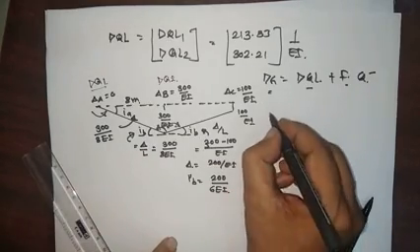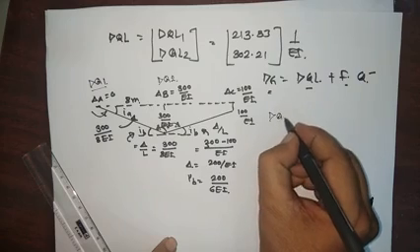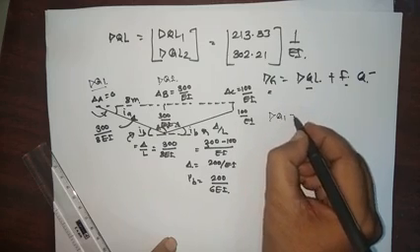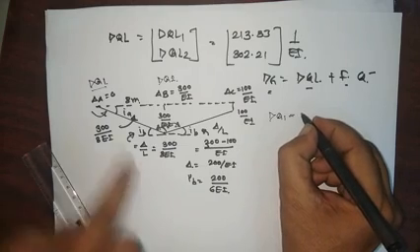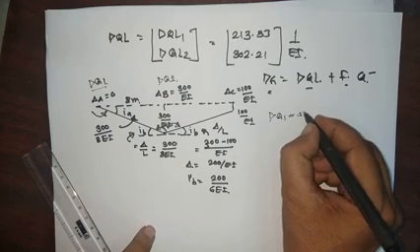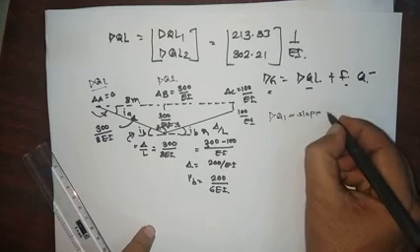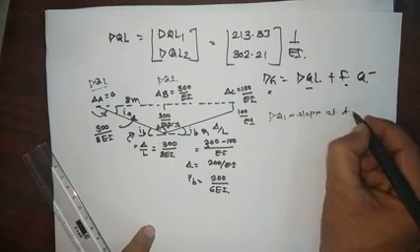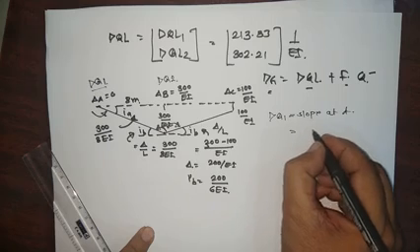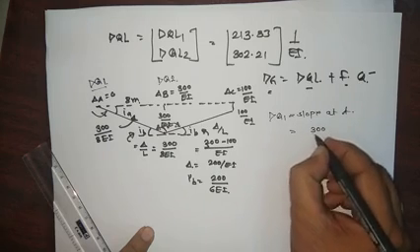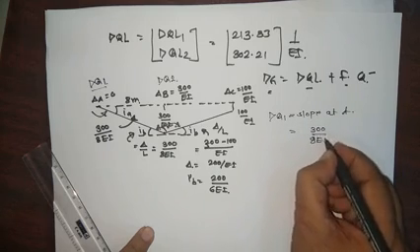So DQ1, that is the initial displacement, or what is it? It is a rotation or a slope at A. So that is equal to what? It is 300 divided by 8 EI.